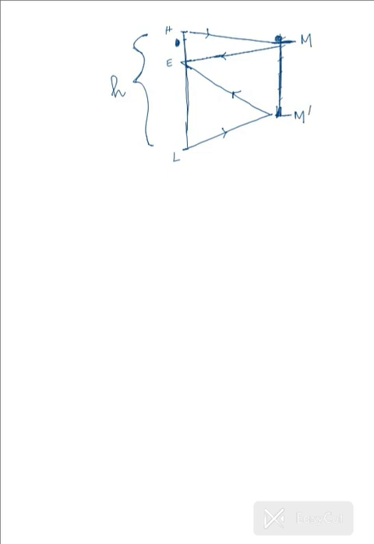So we need to calculate MM dash in terms of h, that is the complete height of the person. Now, we are considering the normals drawn from the points of incidence, those are the two normals. We are naming this one as N1 and this one as N2.